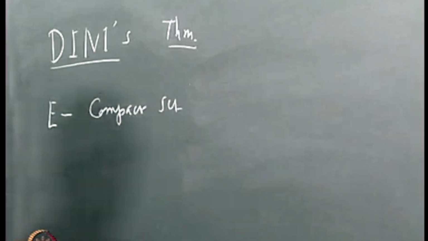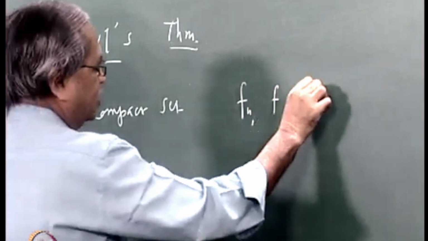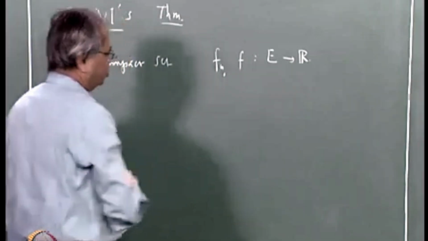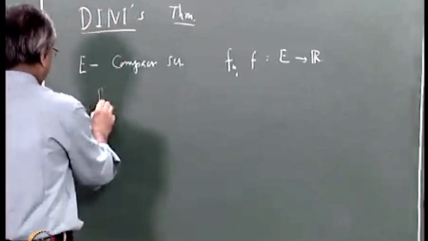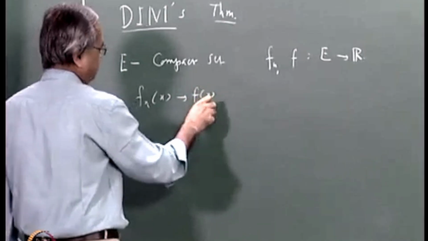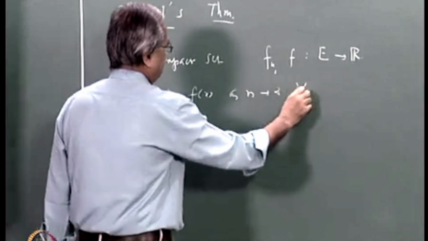And Fn and F are functions from E to R, and Fn converges to F pointwise. That is, Fn(x) converges to F(x) as n tends to infinity for every x in E.